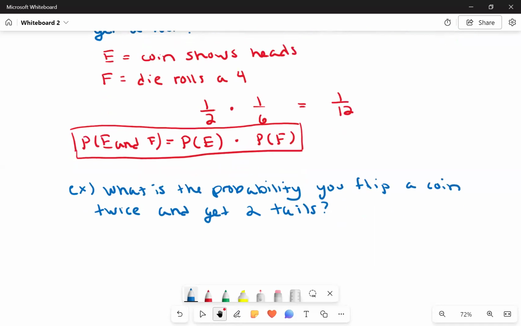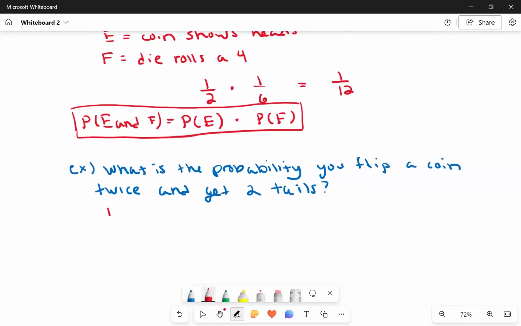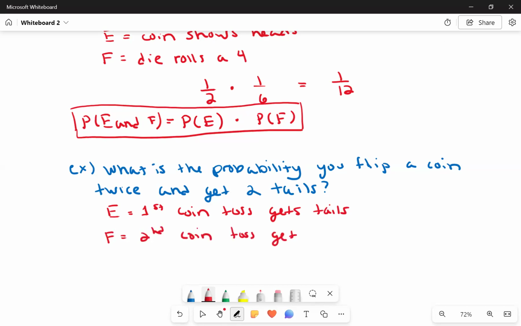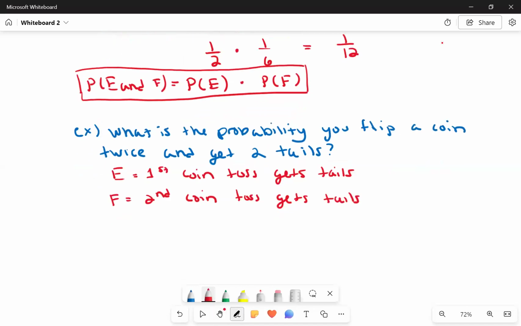The first coin toss, we'll call that E, gets tails. And then the second coin toss gets tails again. In this case, the probability that we get tails is 1/2 both times.